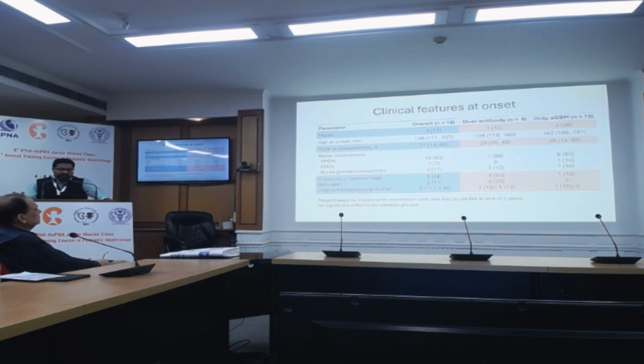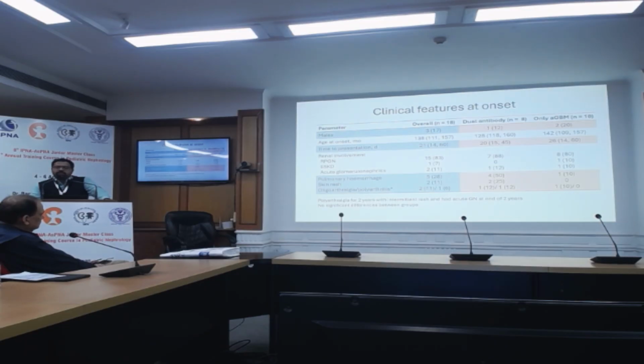These are the clinical features of the children at onset. Compared to other glomerular diseases, unfortunately in our cohort this is predominantly a female disease, with adolescent age at onset. Patients presented mostly acutely, with or without treatment from outside, about 2 to 3 weeks after onset of symptoms.